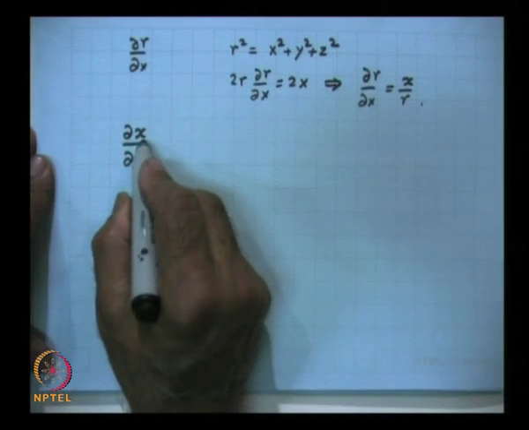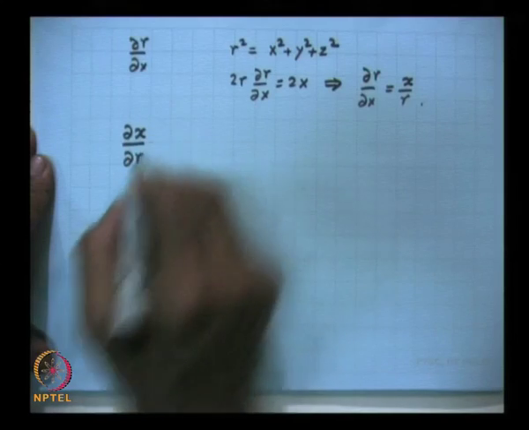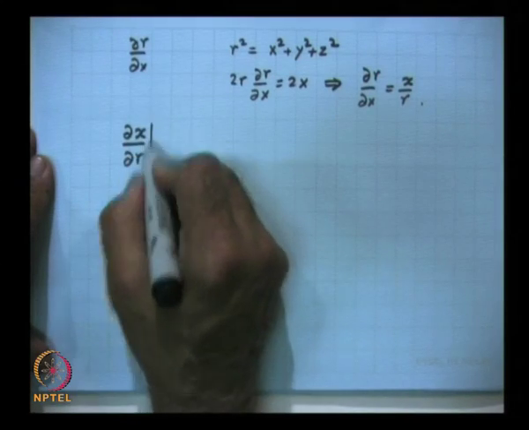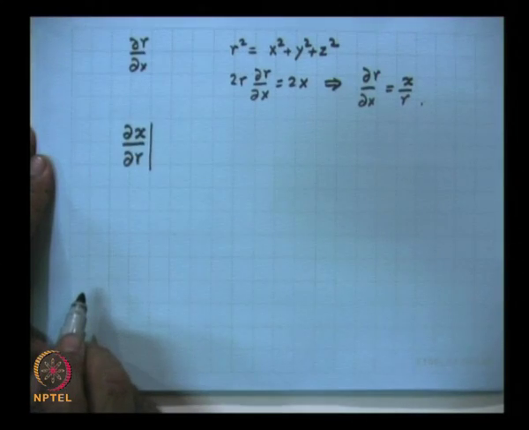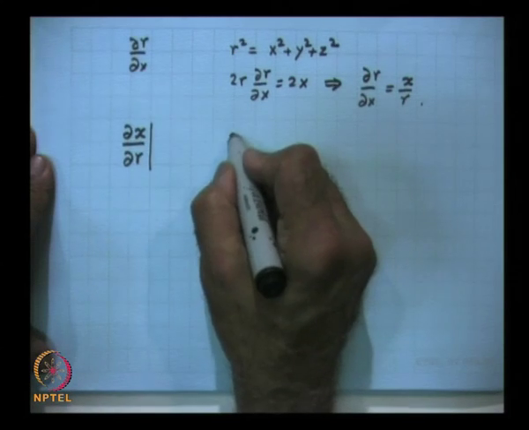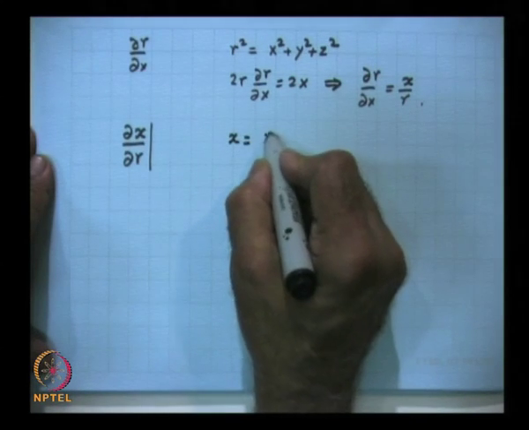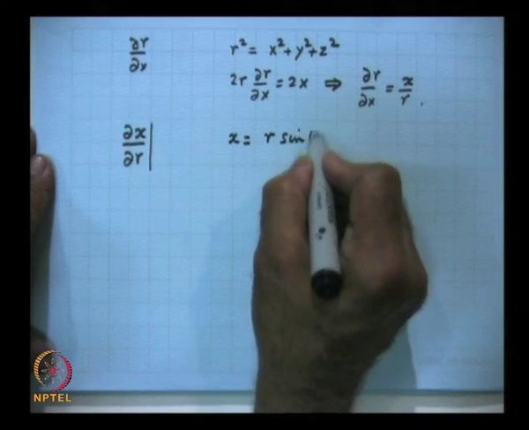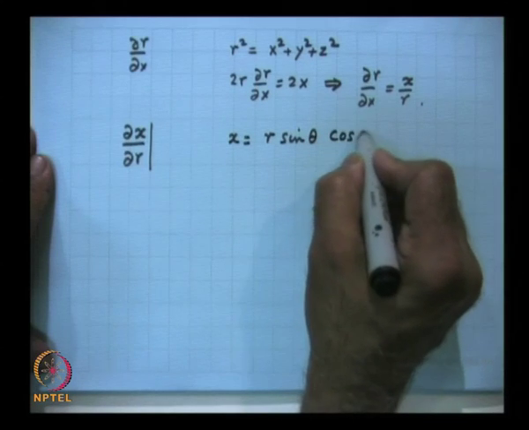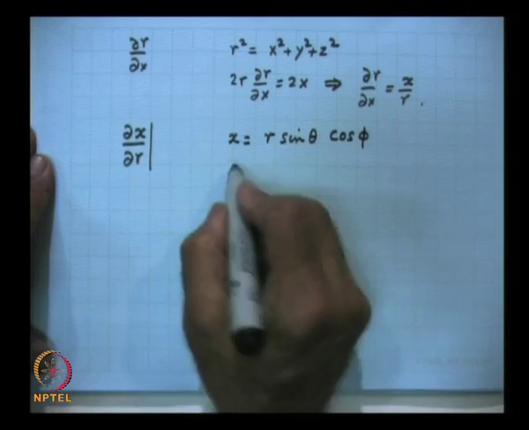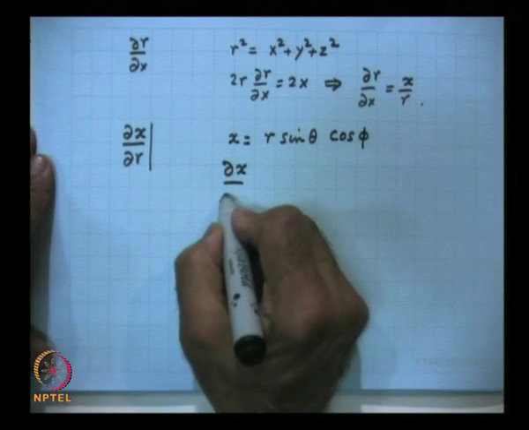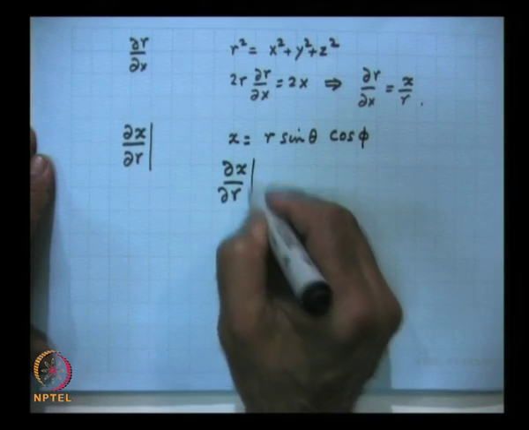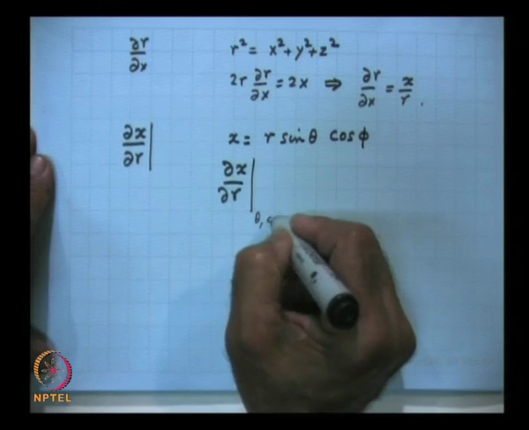Then I must express x as r sin theta cos phi, because when I differentiate with respect to r, theta and phi remain constant.